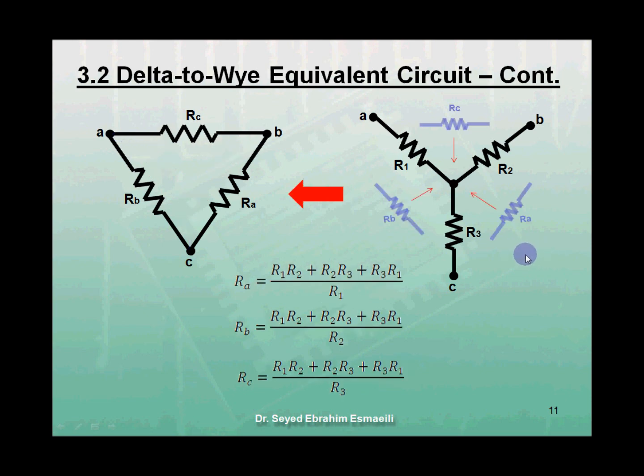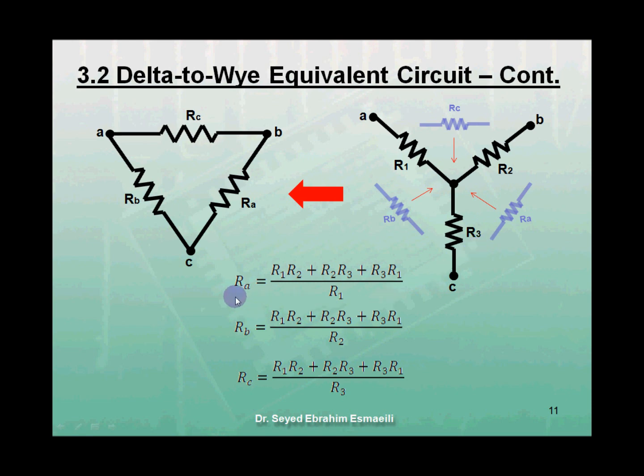In order to transform a Y configuration to a delta configuration, you should keep in mind that each resistor in the delta configuration is equal to the sum of the product of all the resistors in the Y configuration over the resistor that is not connected to the two nodes.